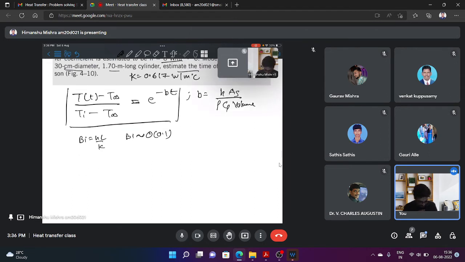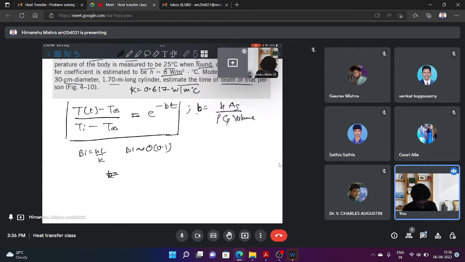Okay, let's use this equation so we can find the value. To get the value of B, we need to find the surface area and the volume.